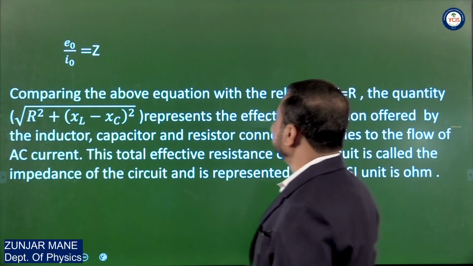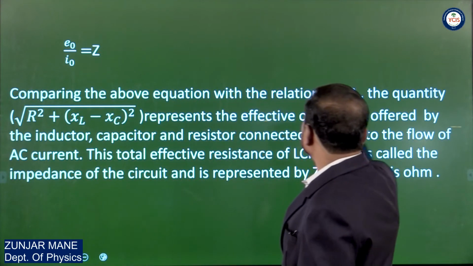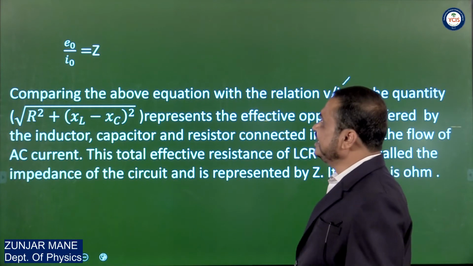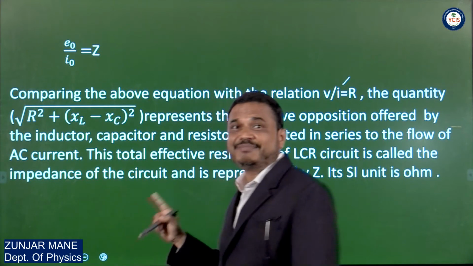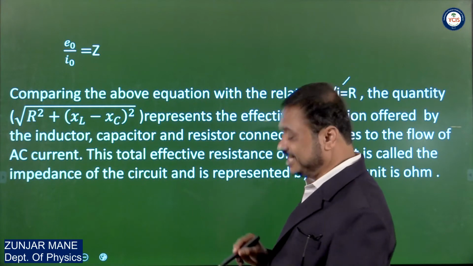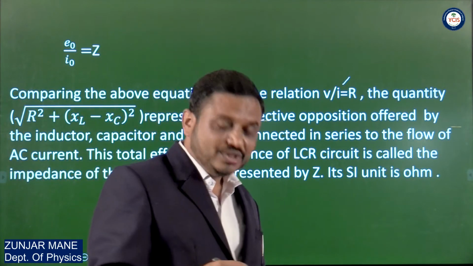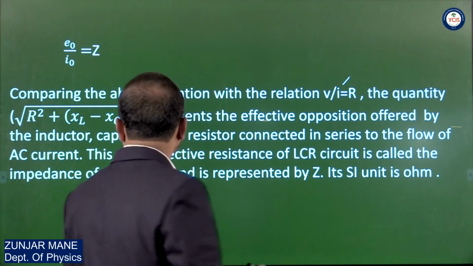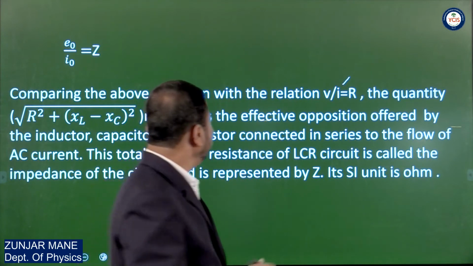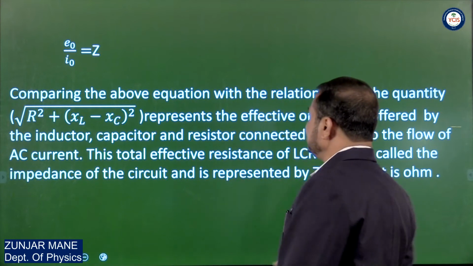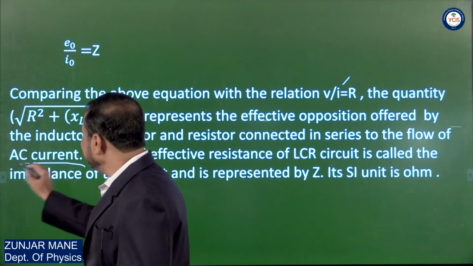If we compare this equation with Ohm's law, V upon I equal to R, then the quantity Z, that is under root R square plus (XL minus XC) square, represents the total opposition to the current flowing through the LCR combination, that is the combination of resistance, inductor and capacitor. This total effective resistance of the LCR circuit is called impedance.